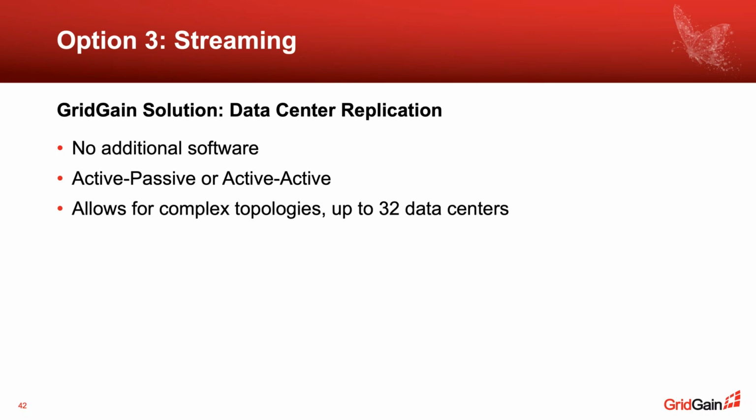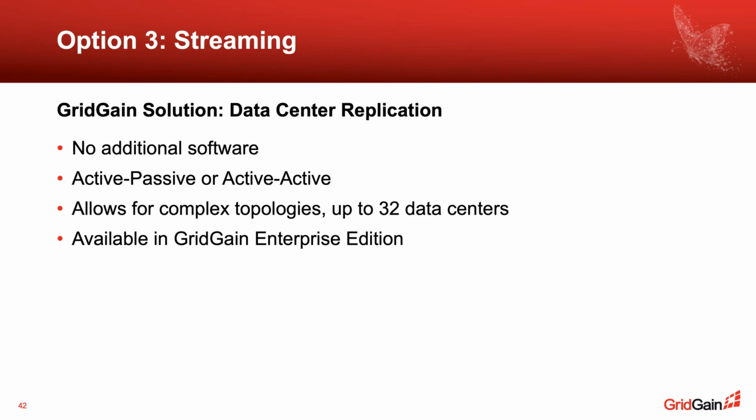GridGain data center replication allows for complex cluster topologies, including up to 32 data centers. So you may connect more than two data centers. They may be connected in a chain, or interconnected, each connected to each other, or in any other complex topology.